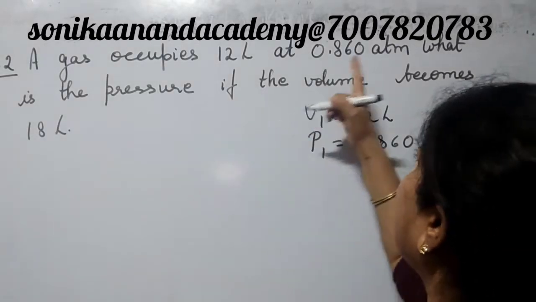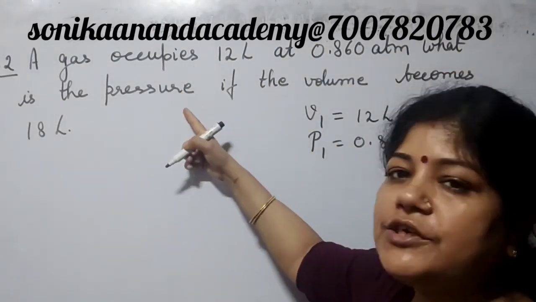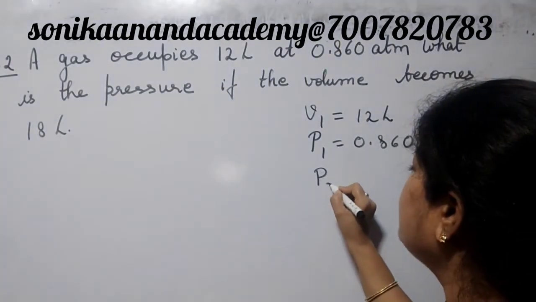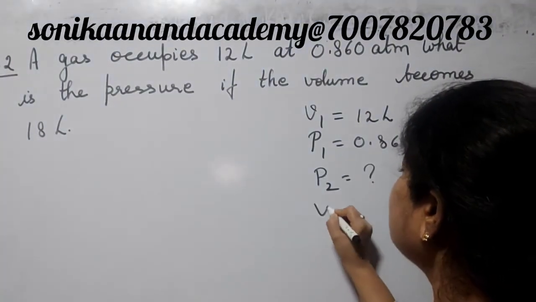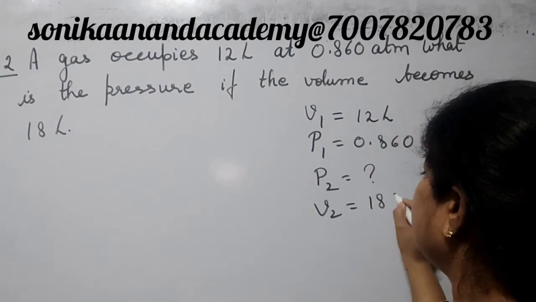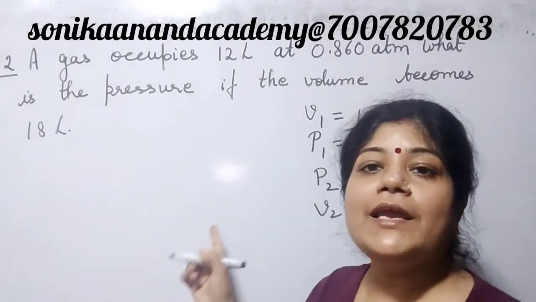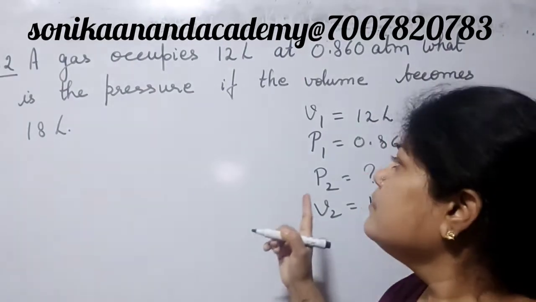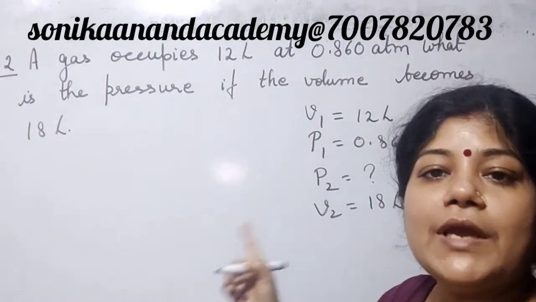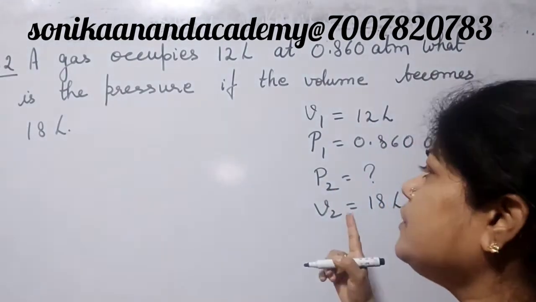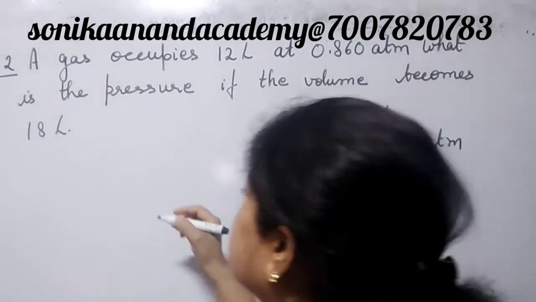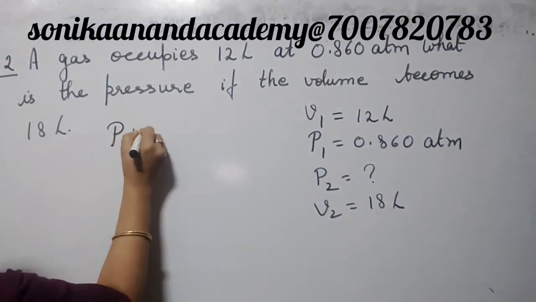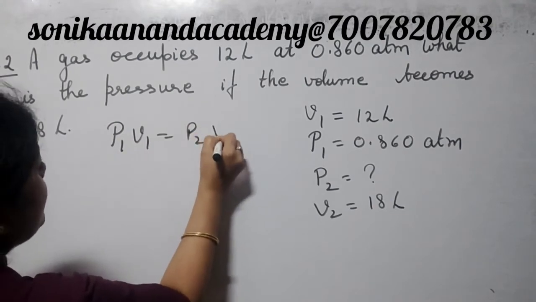Now we have to find the pressure P2 when the volume increases up to 18 liters. Again we have pressure and volume data, so we apply Boyle's law in order to find the pressure. So we have P1 V1 is equal to P2 V2.